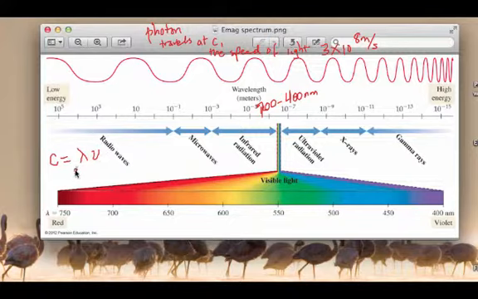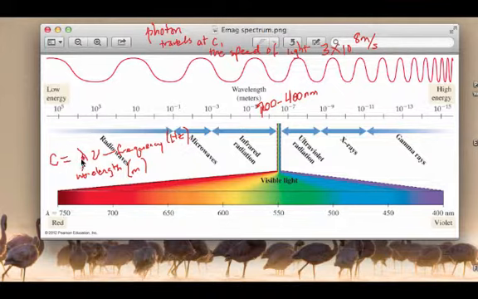This is wavelength, measured in meters. And this is frequency, measured in hertz or per second. So the speed of light is the wavelength times the frequency.